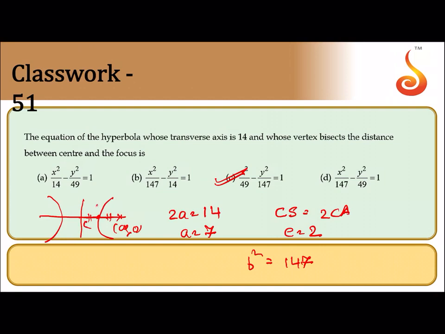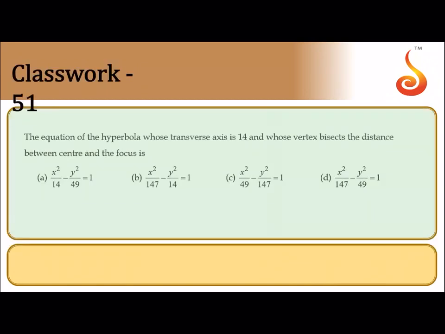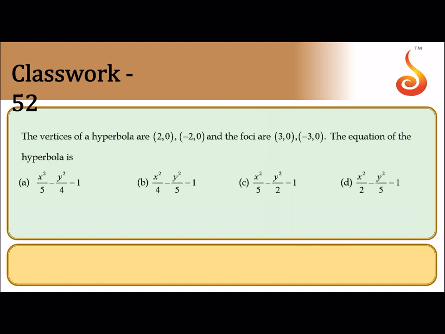This is the vertex, this is the center, and this is bisected. The vertex is A. So 2CA is equal to CS. That is what we wrote. This is A, this is S, and this is C. So option B is correct.